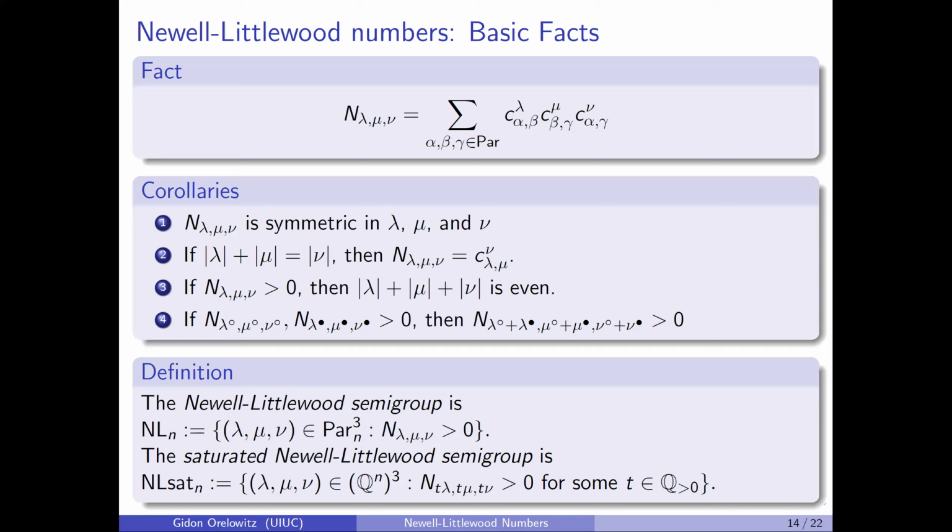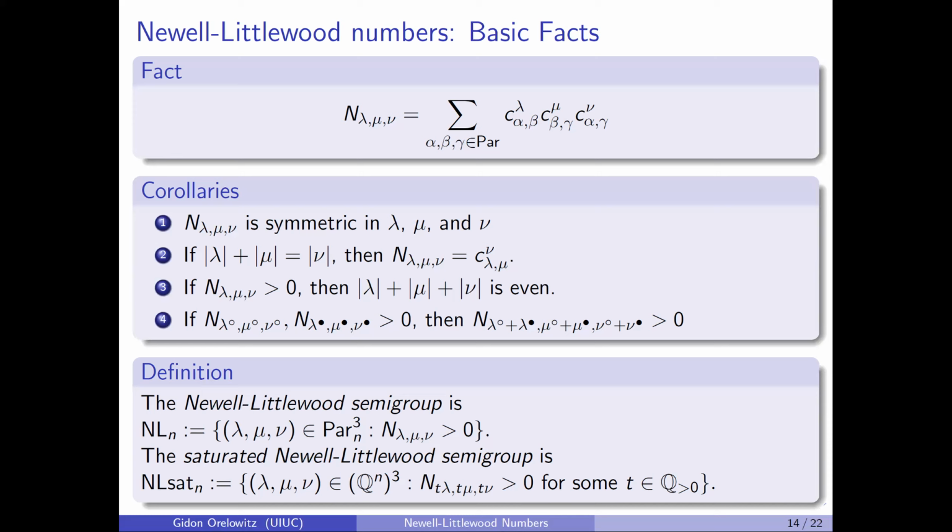And here, again, I'm just going to do a quick plug for the more algebraic combinatorics type stuff. These Newell-Littlewood numbers are also the structure constants for a basis for the symmetric functions, the so-called Klyachko functions, which we're not going to get into.